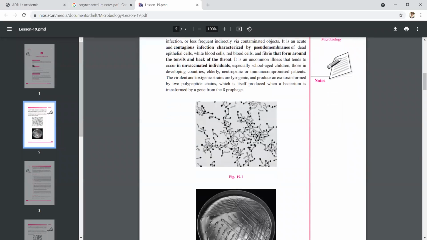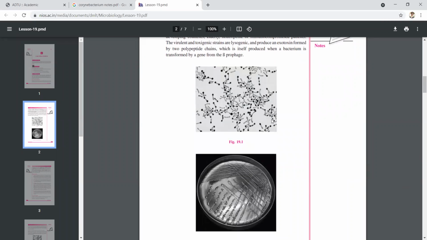See this diagram. This picture shows the Corynebacterium. Can you see this black or darkly stained area of the bacteria? This area is called the club, somewhat similar to a drumstick.